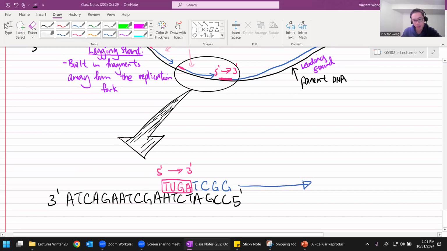And then it's just gonna keep on going, right? Again, please use color for this note, otherwise it would not make any sense to you. So there is another primer here. As helicase reveals more nucleotides, you're gonna need another primer, and then DNA polymerase 3 is gonna continue, right?